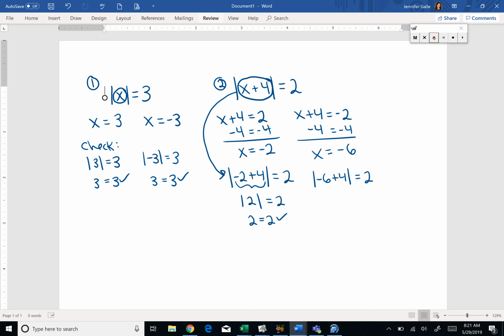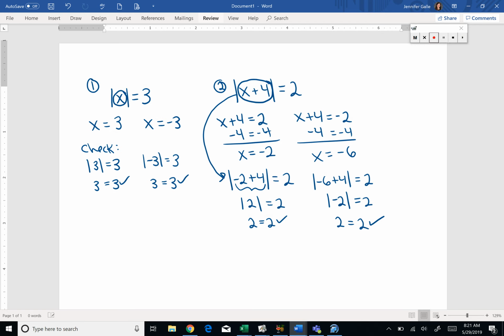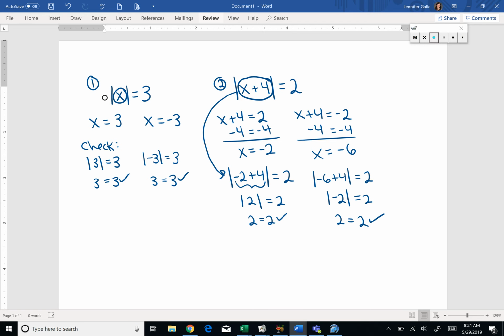So negative 6 plus 4, we get the negative 2 that we had talked about earlier. Absolute value of negative 2. So how far away from 0 is negative 2? It's 2 spots. 2 equals 2. And we check.